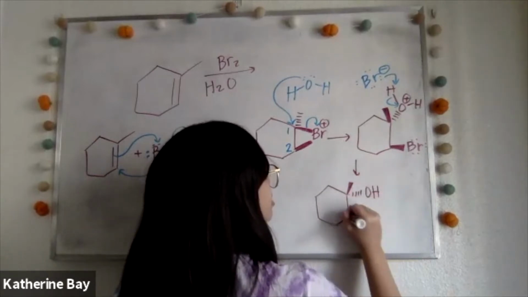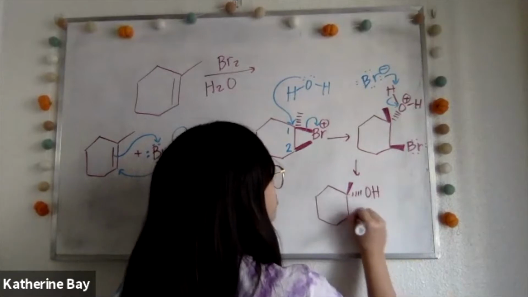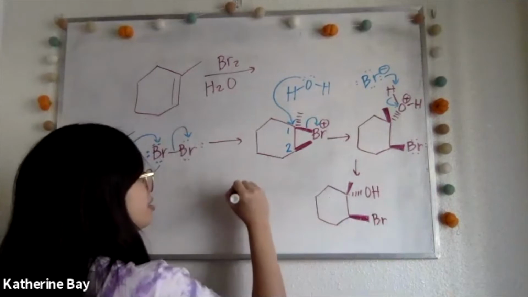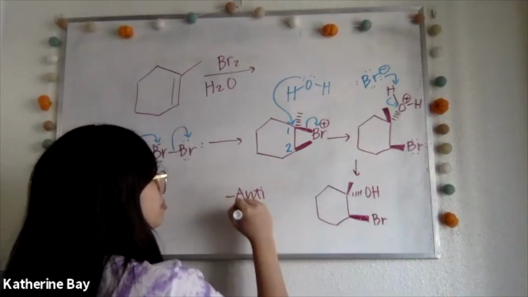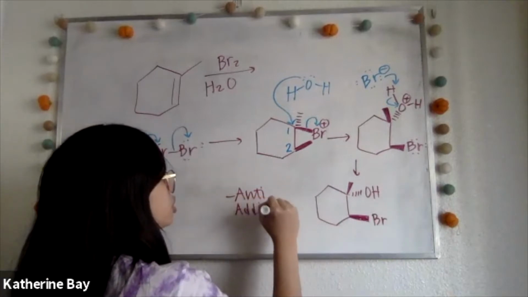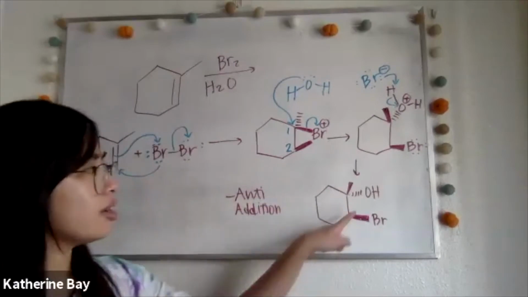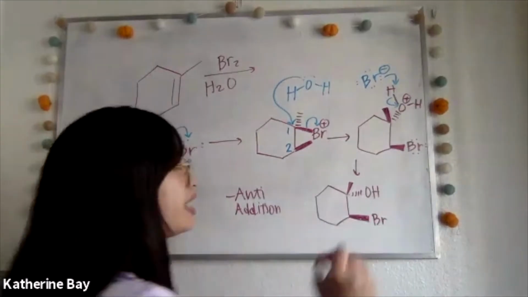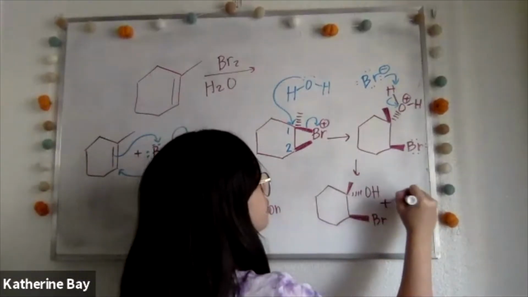In this case, the bromine group as well as the alcohol group added via anti-addition, just because you'll see that the alcohol is on a dashed bond and the bromine is on a wedged bond. And this also forms its enantiomer as well.